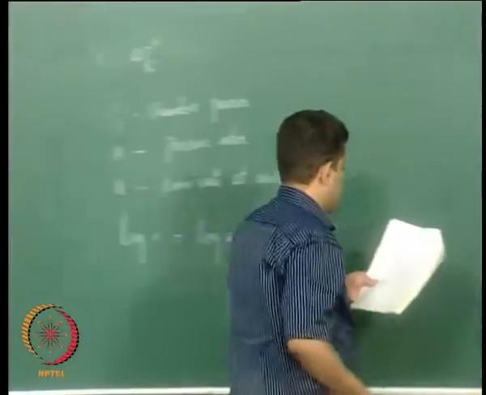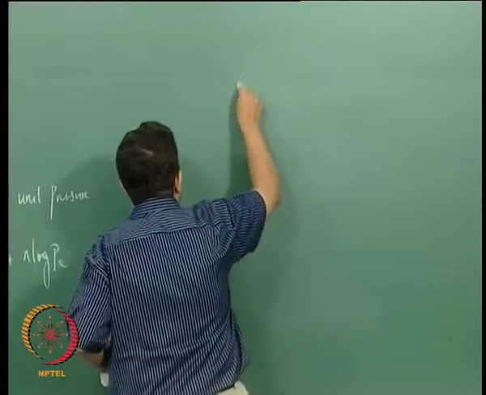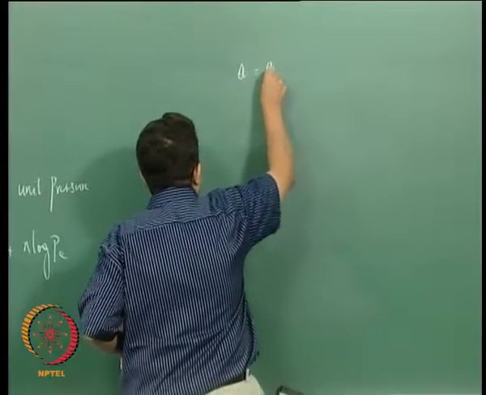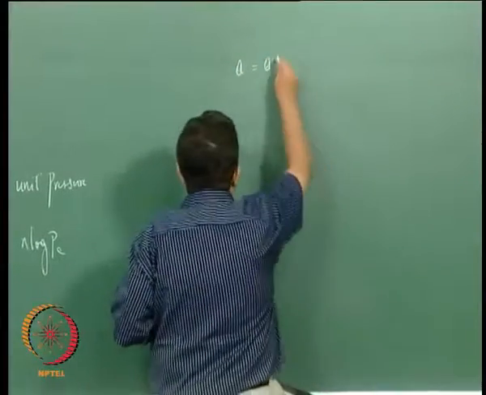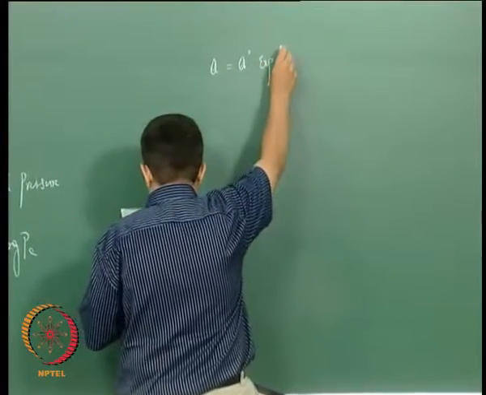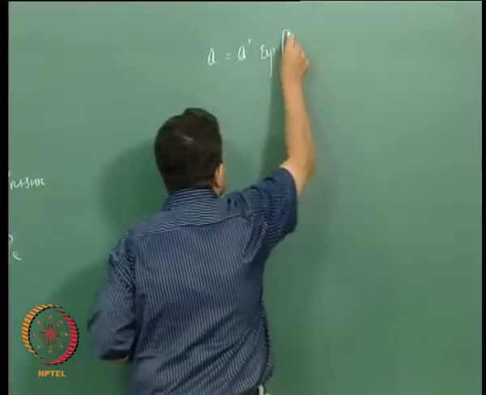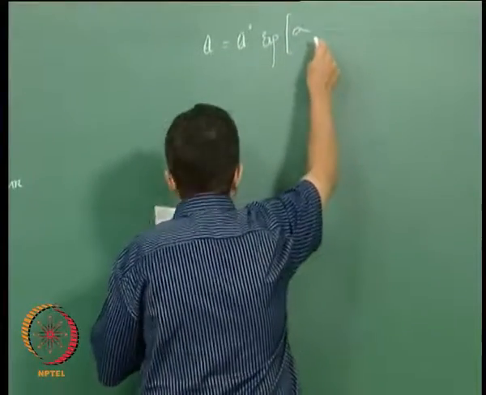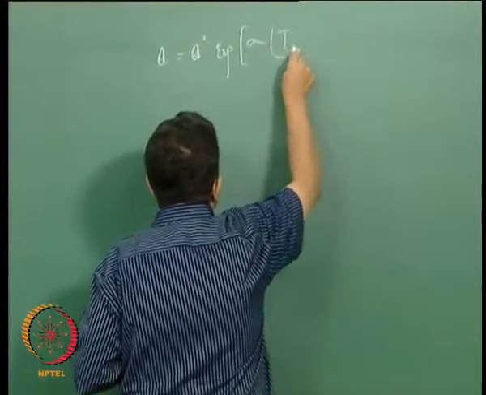a is given as a naught into exponential of sigma into (Tin minus Tin naught).